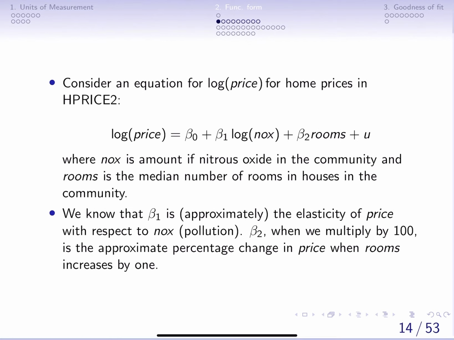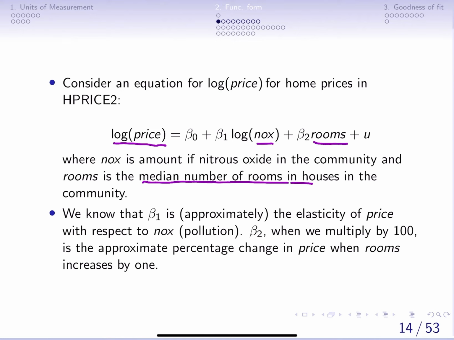So we'll start with an example here in which we are trying to predict the price of homes based on some measure of pollution, which is the level of nitrous oxide in the area, and the number of rooms in the house. Okay, so rooms is really the median number of rooms in the house in an area.